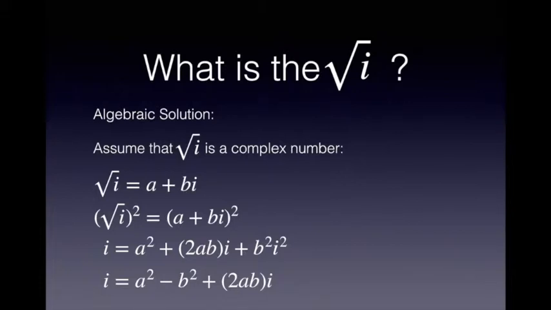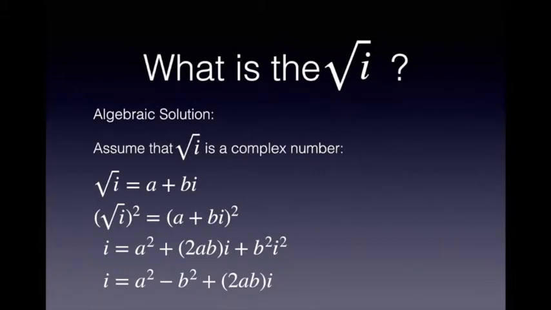So let's assume that it has at least that form of some kind. Of course, a could be 0 or b could be 0, or they could both be nonzero numbers. We don't know yet. But we'll just assume that the square root of i equals a plus bi for some a and b.